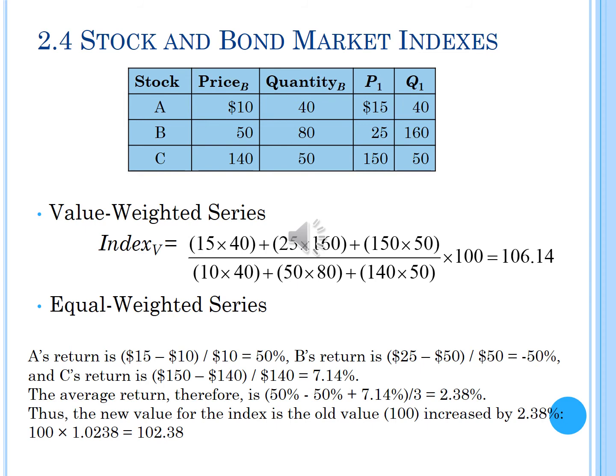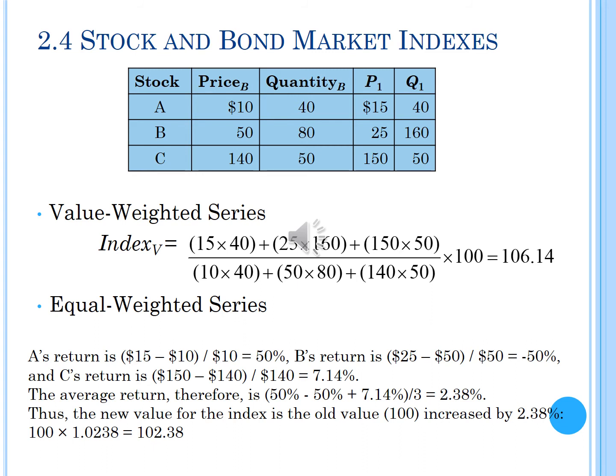We apply the same for the remaining stocks and figure out the return on each of them, and then we take the total of those returns and divide it by the number of stocks, which is 3 in this case. That would give us the percentage change in the value of the equally weighted index. We take the old weighting of the index, which was 100, and multiply it by the new change.